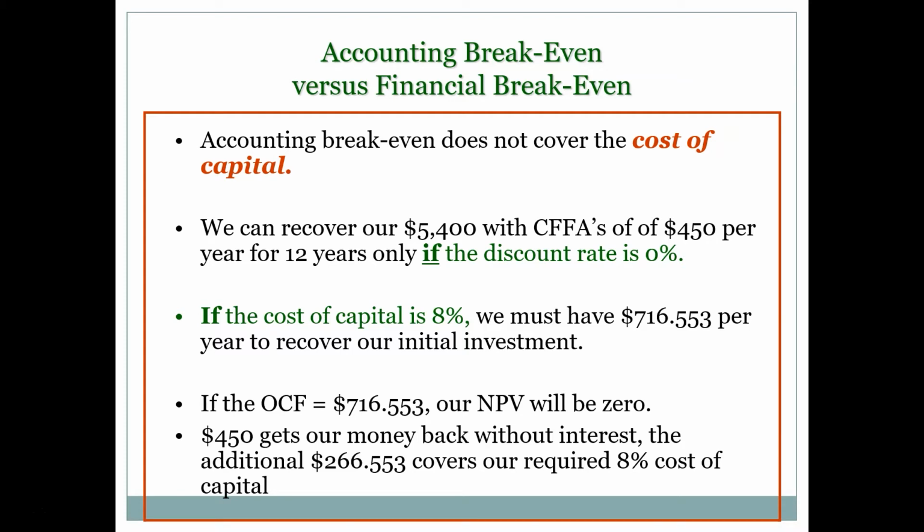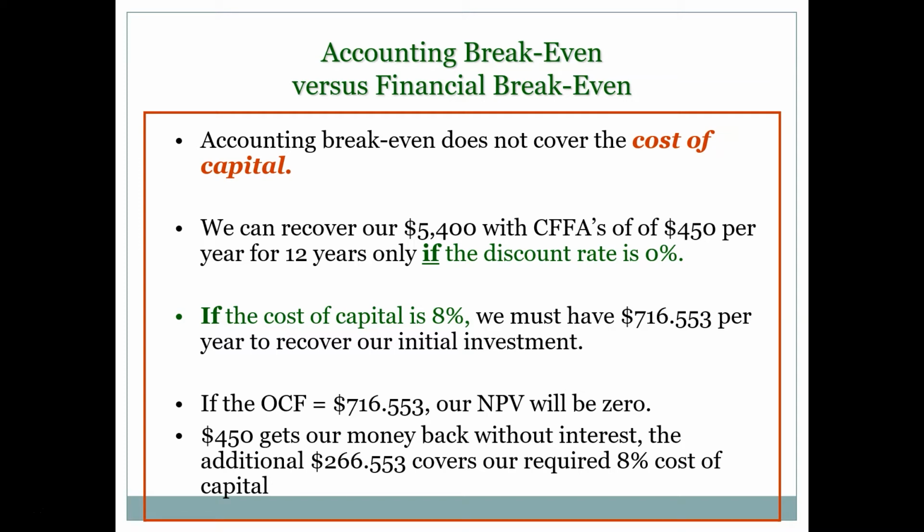So if my operating cash flows are $716,000 and my cash flows from assets are $716,000, then my net present value is zero. The distinction here is that accounting break-even tells me I can recover my investment only if the discount rate is equal to zero.